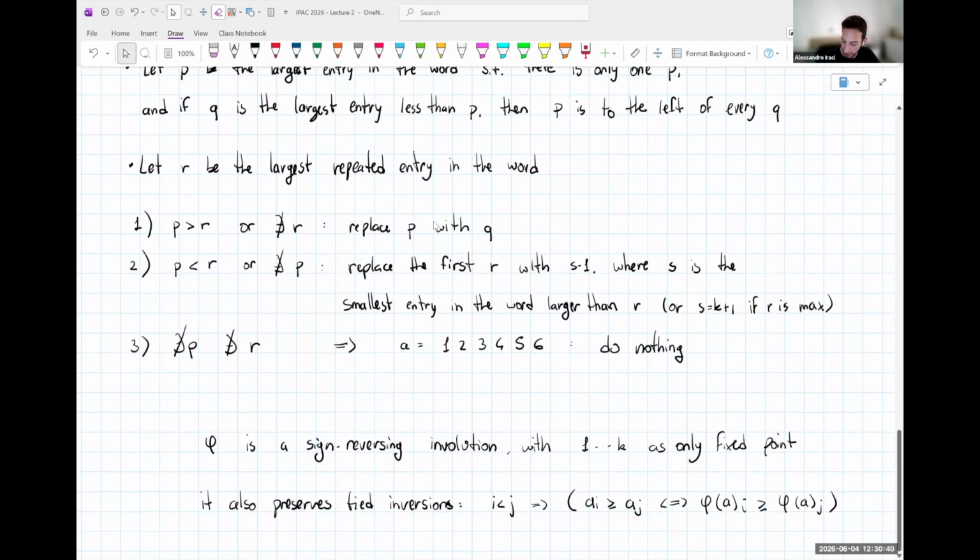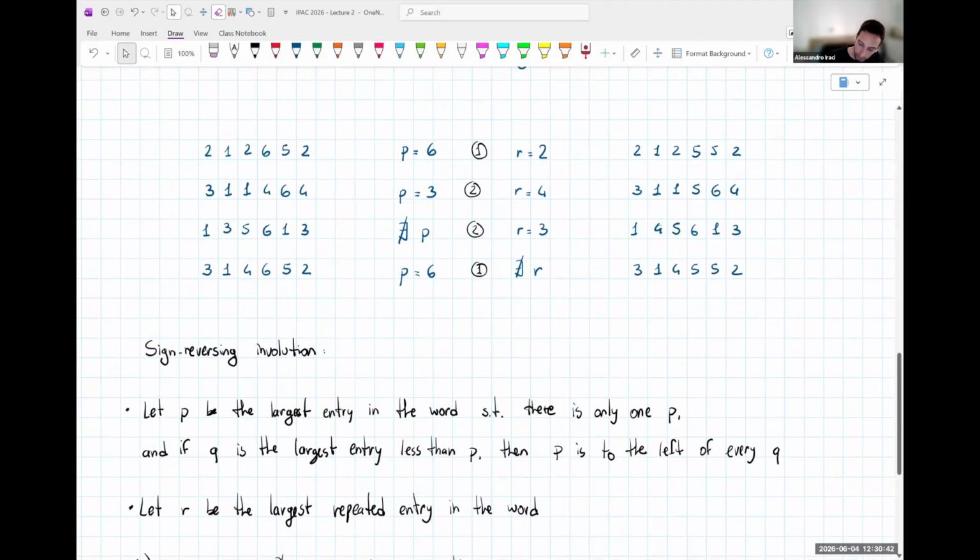And why so? Well, again, when we are in case 2, we are replacing the leftmost occurrence of one repeated letter with something that's bigger. So all the other inequalities stay the same, and the only thing we have to check is between these 5 and the 4s to its right, but then this was greater or equal than this before, and this is greater or equal than this after.